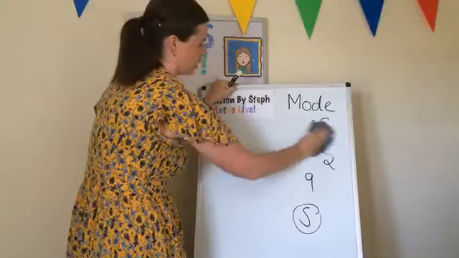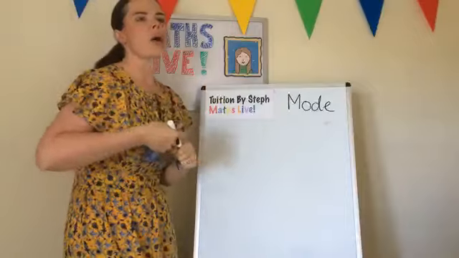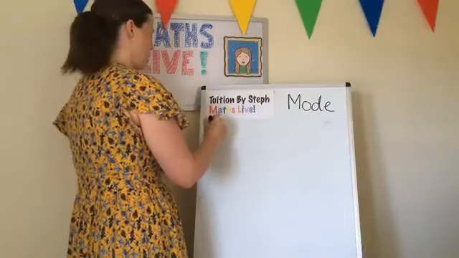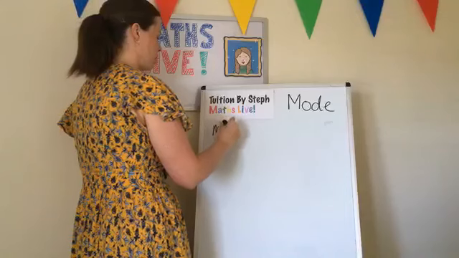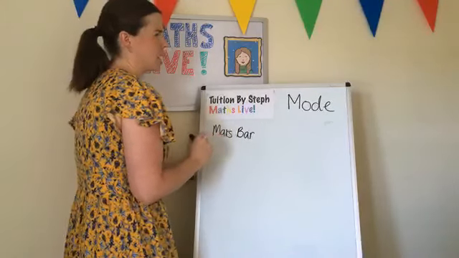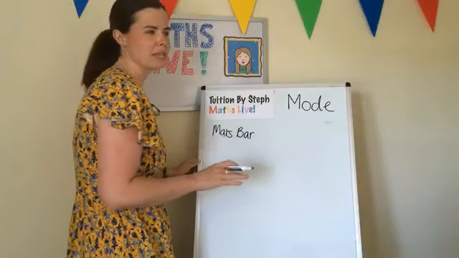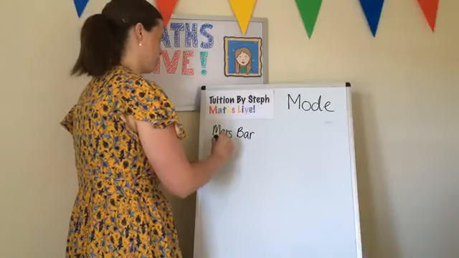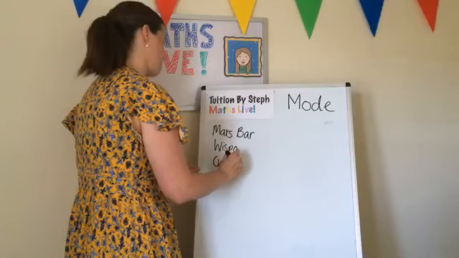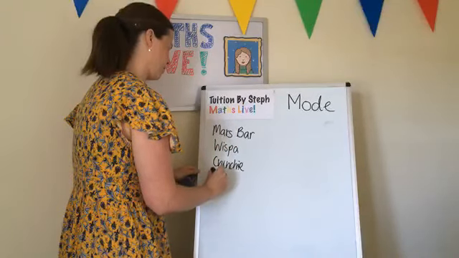Okay, it could be that you have a choice of different chocolate bars. So it might be Mars bar, Whisper, Crunchy, and Dairy Milk.